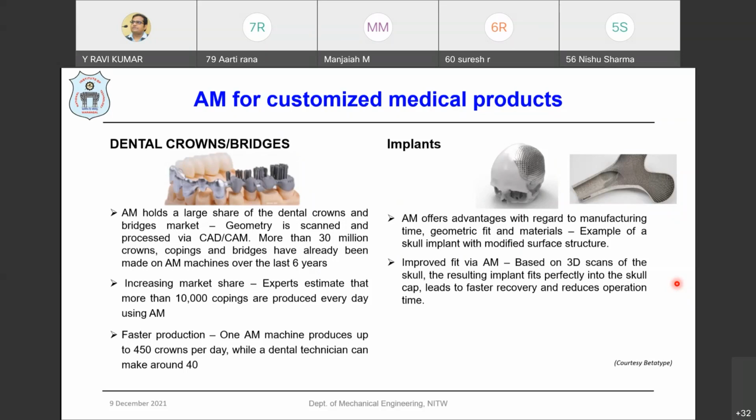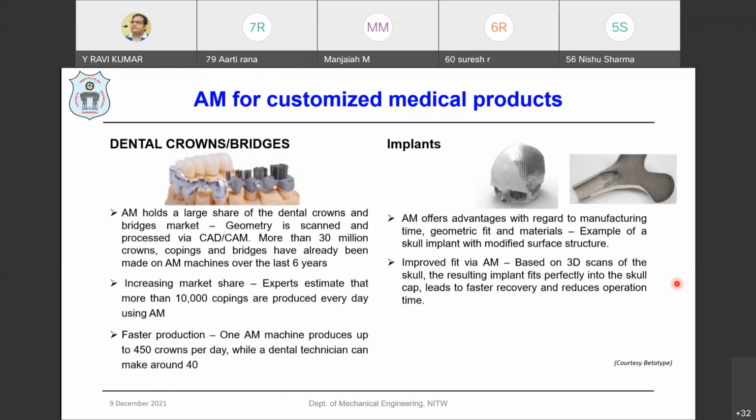And if you look at the market scenario, more than 30 million crowns, copings or bridges have already been made with the metal AM process, that is the SLM process, over the last 60 years. The market share is also increasing day by day. Experts estimate that more than 10,000 copings are produced every day using the AM process.